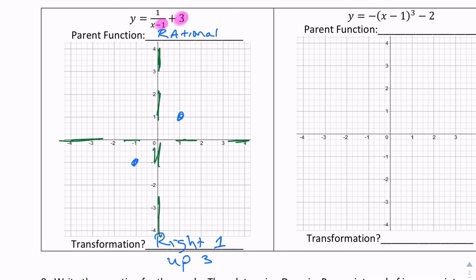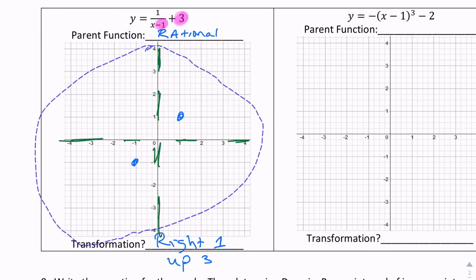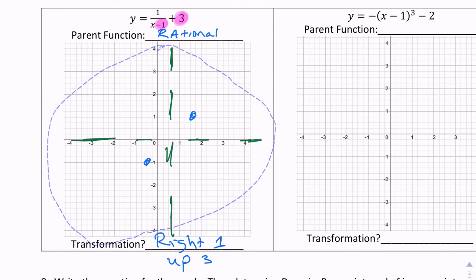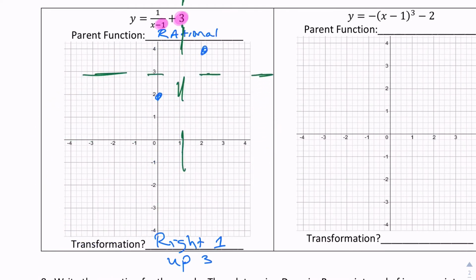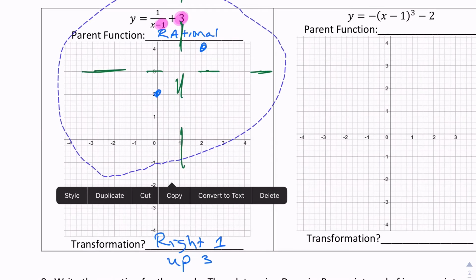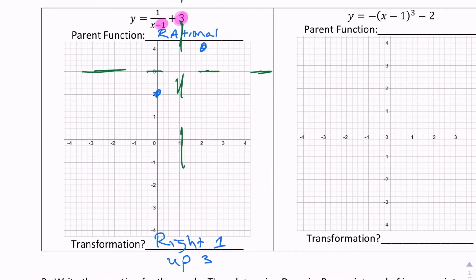Well, not only do we slide the key points, we also slide the asymptotes right 1 and up 1, 2, 3. So my new asymptotes end up at 1 and at 3.